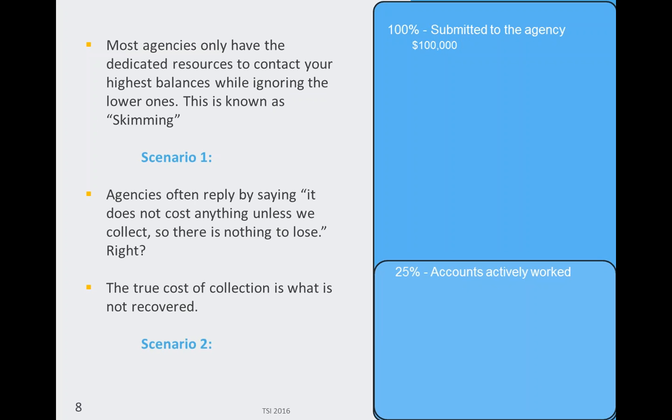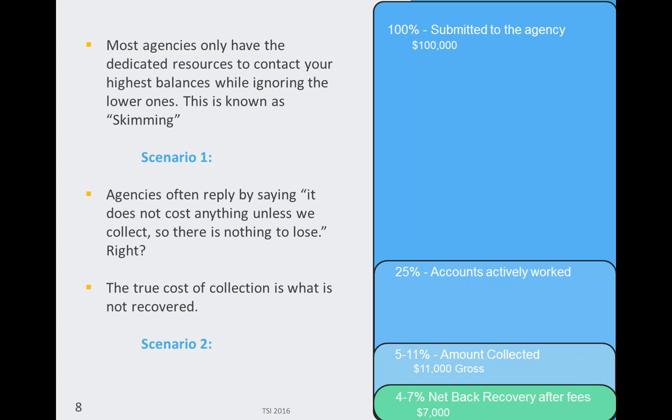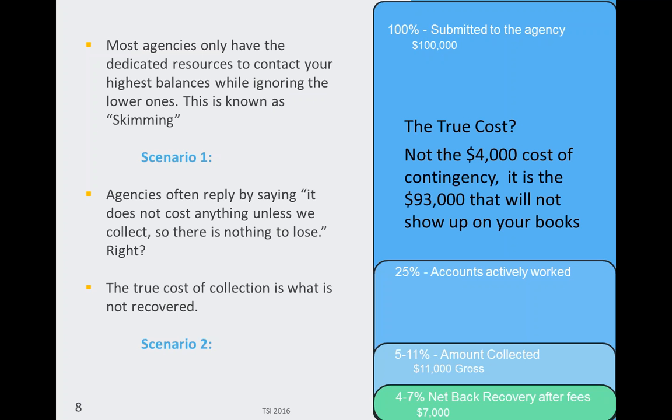A quarter of those accounts will be actively worked. 11% is the gross amount collected, but after fees, you only net $7,000 or 7% of the total. So the true cost is not the $3,500 to $4,000 cost of contingency. It is the $93,000, or otherwise 93%, that will not show up on your books as positive income.